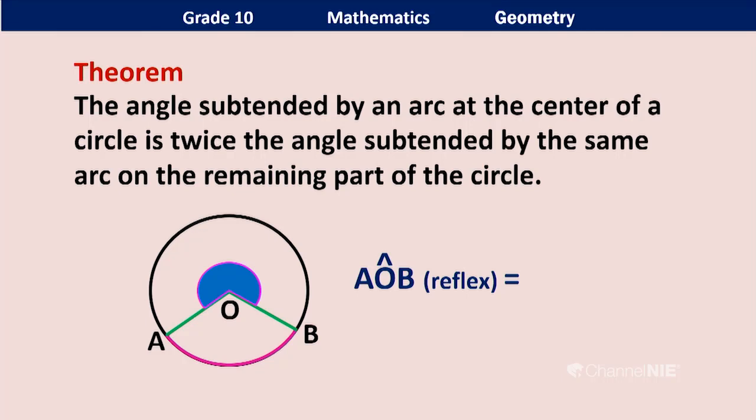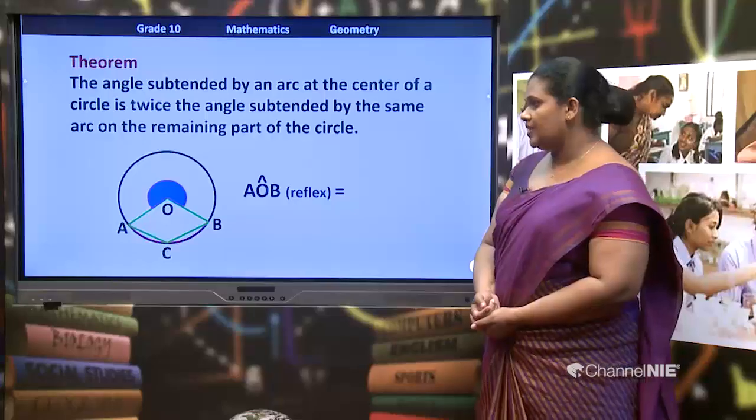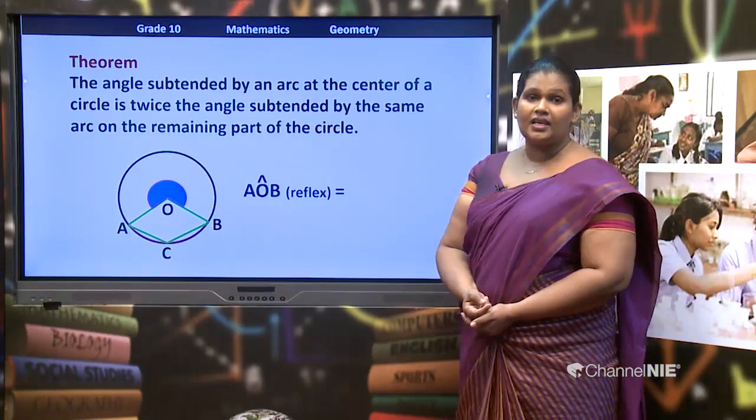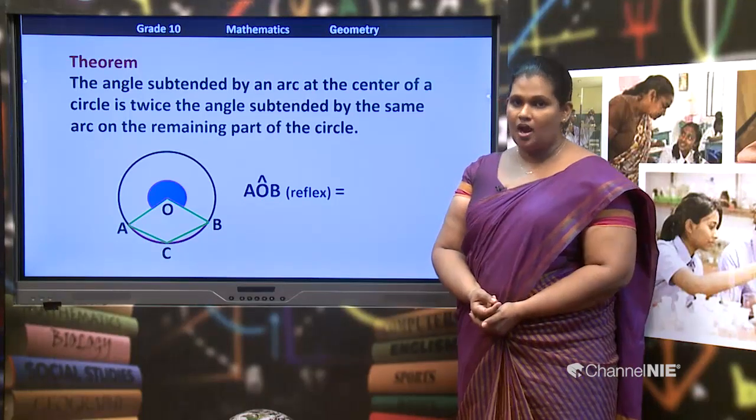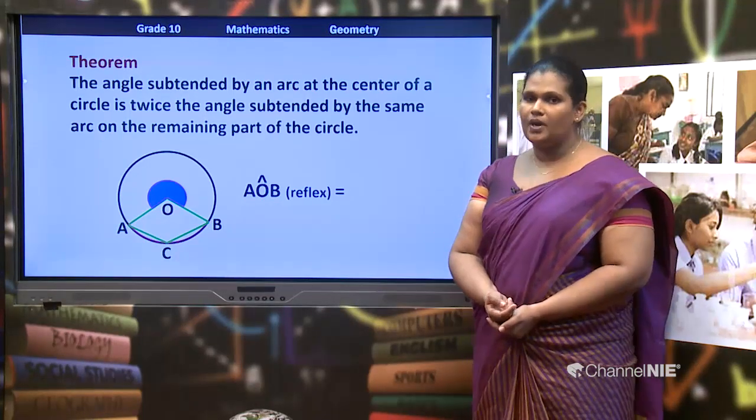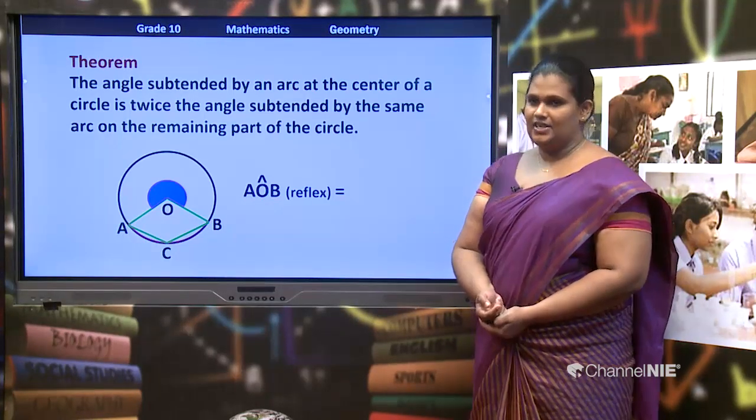Now, we are going to talk about the angle subtended by the same arc on the remaining part of the circle. So, I have marked point C on the remaining part of the circle. So, angle ACB is the angle subtended by the same arc on the remaining part of the circle.